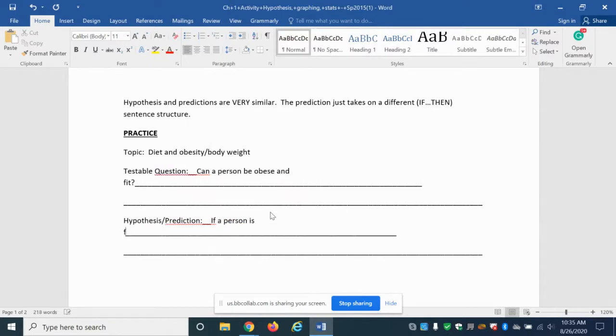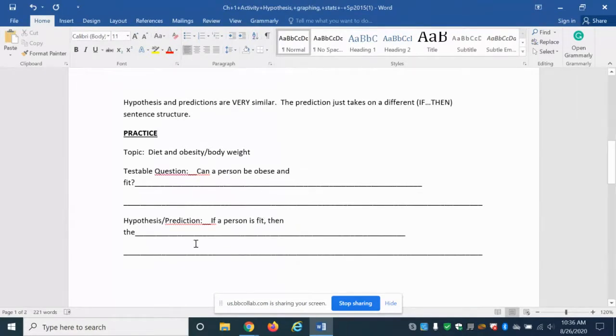if a person is obese, then, and just as you're seeing me do here, this may take a few times for you to get the wording.